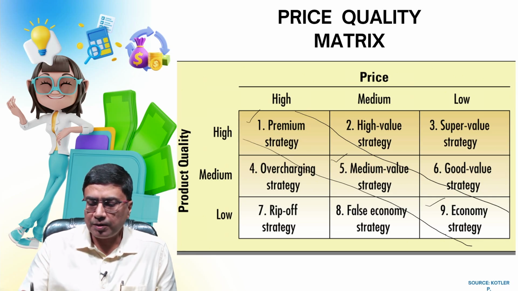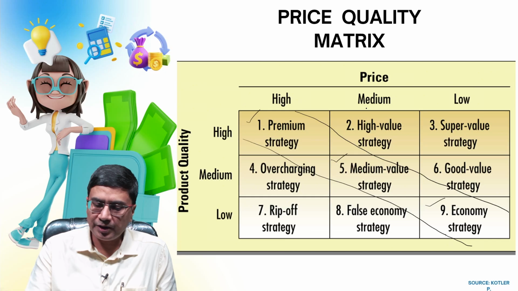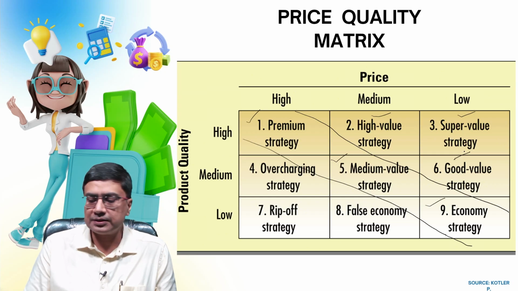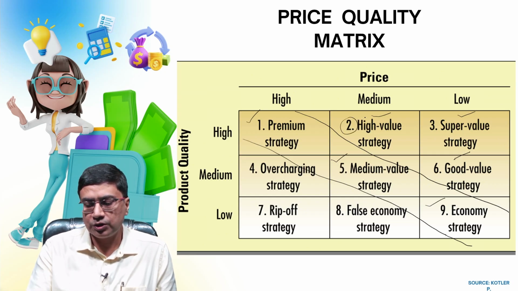But just think about this area where the quality is high, whereas price is relatively medium or low. Just see, quality is high, high value, super value, and quality is medium but price is low, it is a good value strategy. So, number 2, number 3 and number 6.